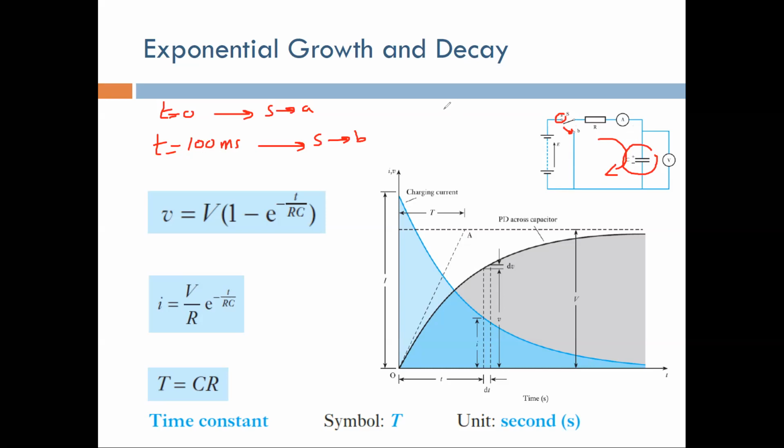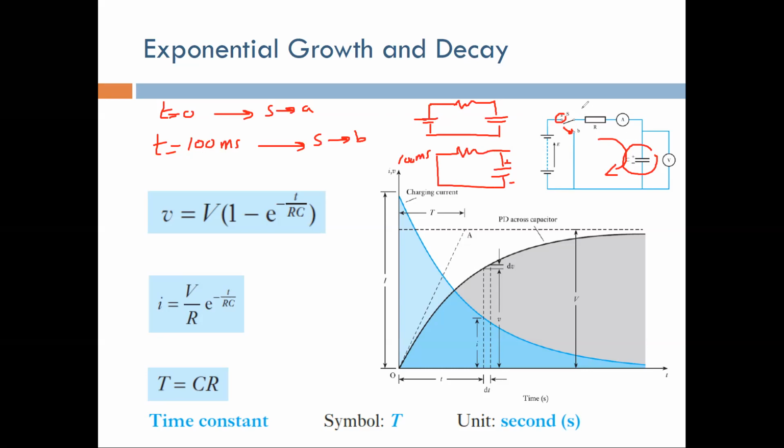So the first circuit will look like this: you have a supply, a resistance, a capacitance, and that's it. The second situation will look like this: a resistance, a capacitance, and that's it. And you have a certain initial voltage on the capacitance at 100 milliseconds. Let's try to compute that. The equation for the voltage will be something like this.